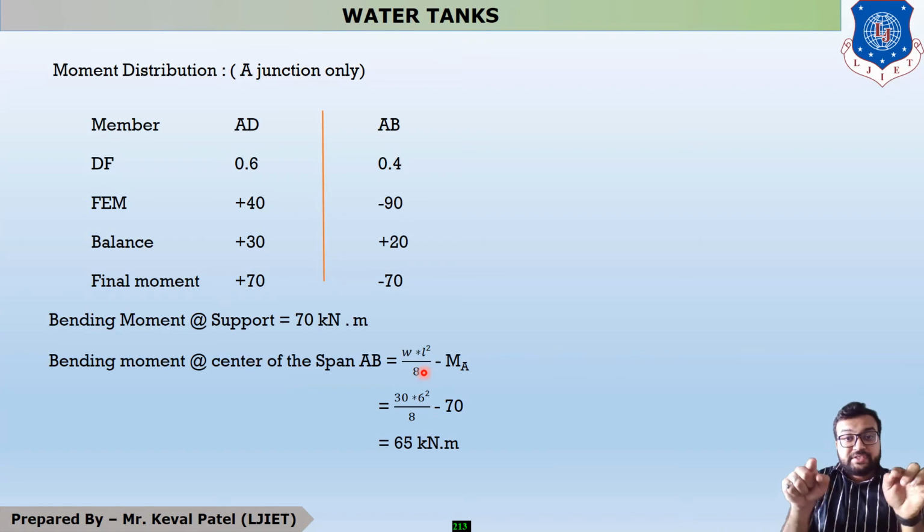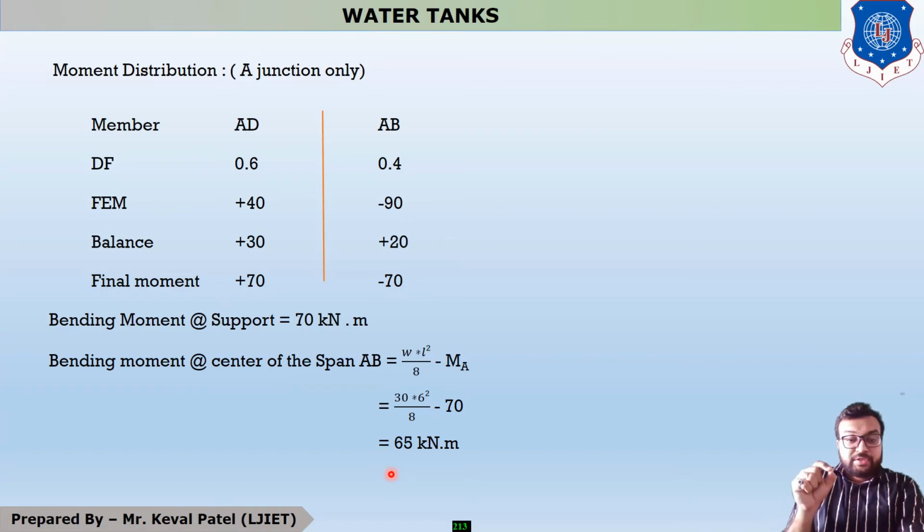Whenever your support is a simple support, it means a hinge support or roller support, then the equation to find the bending moment is WL square by 4. So WL square by 8 minus MA, your value of W is 30, your value of L is 6, divided by 8 minus 70. So you will get your answer at center is 65 kilonewton into meter.